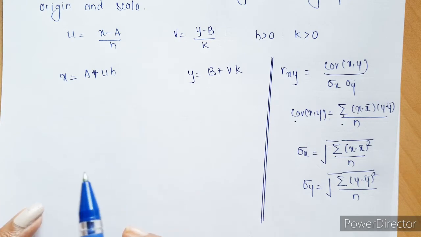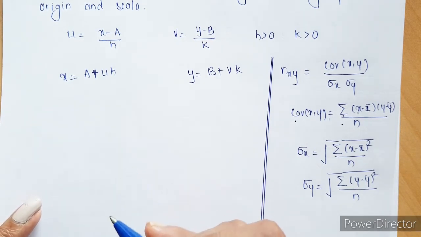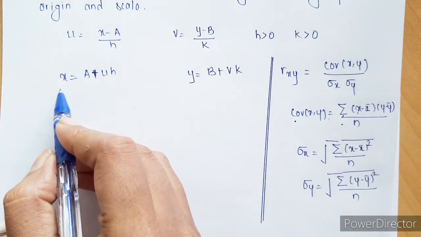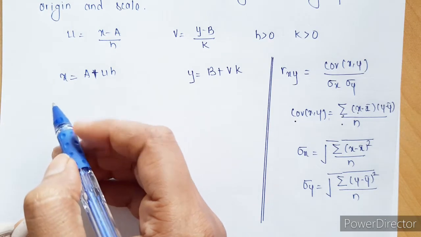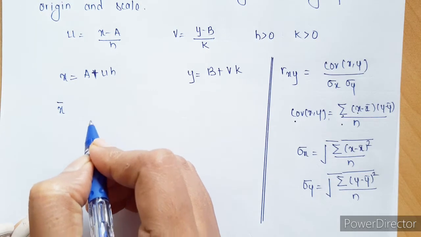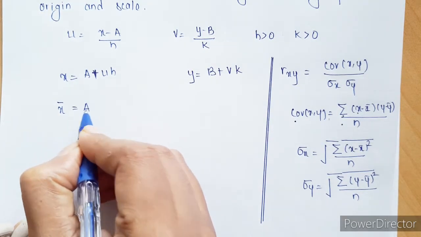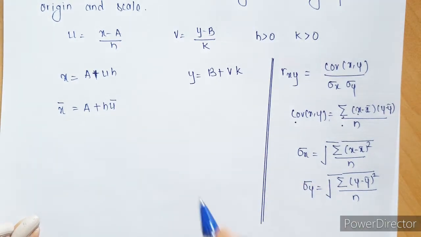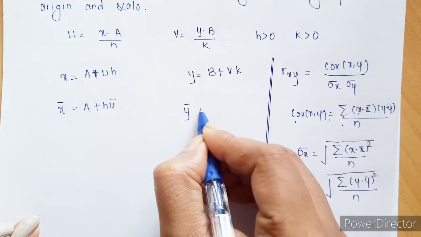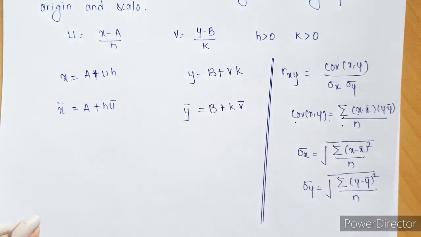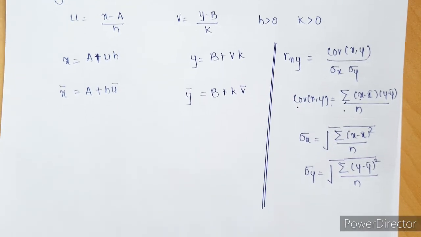If I add all these n observations and divide by n, what we get is the mean of variable x, that is x bar, and we can write this as a plus h times u bar, because a is a constant. Similarly, for y it can be written as b plus k times v bar.